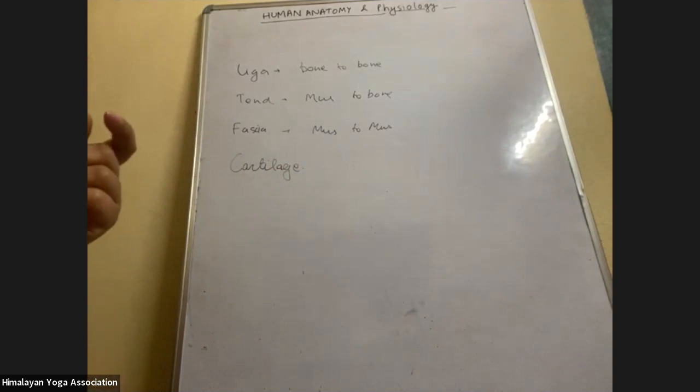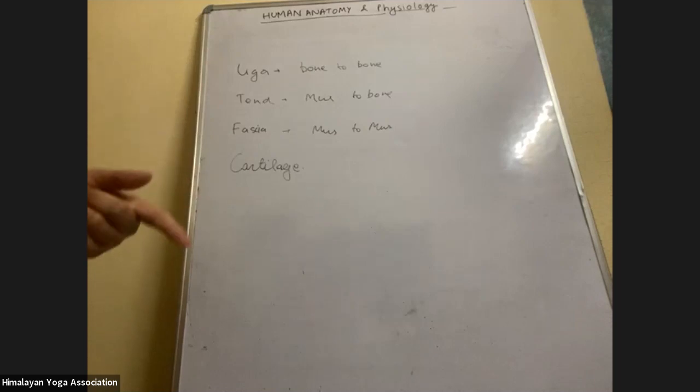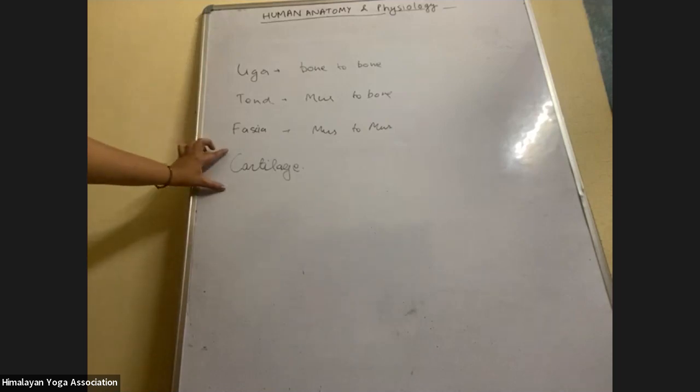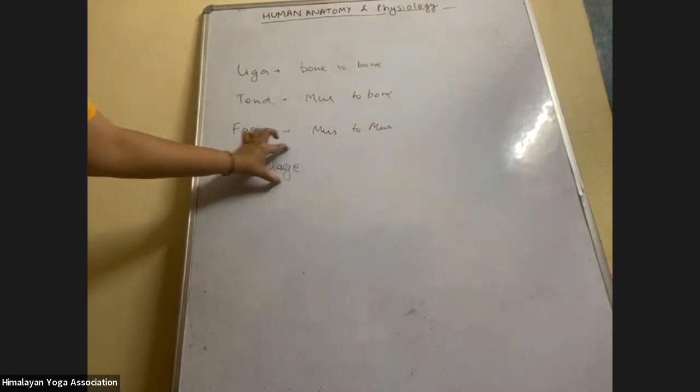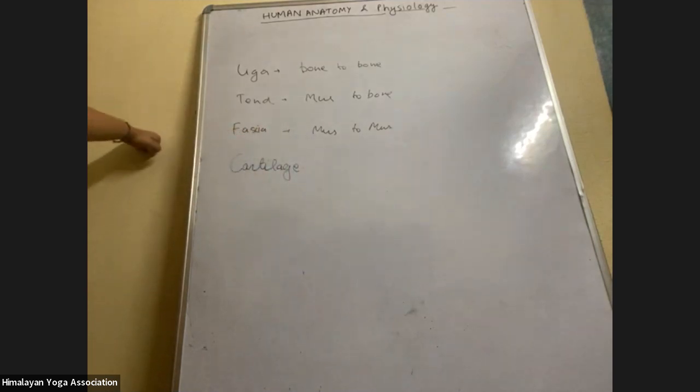It is the soft thing that covers the tip of the bones, especially long bones, and these are present at the joints. What is the purpose of cartilage at the joints? To soften movement and reduce the friction as much as possible.